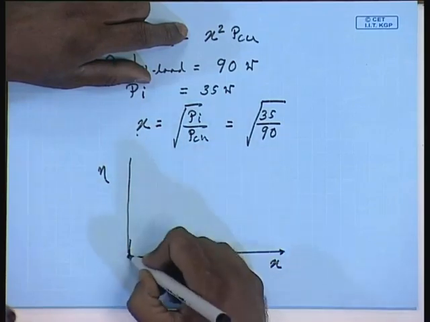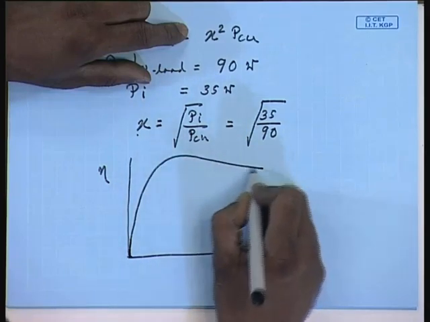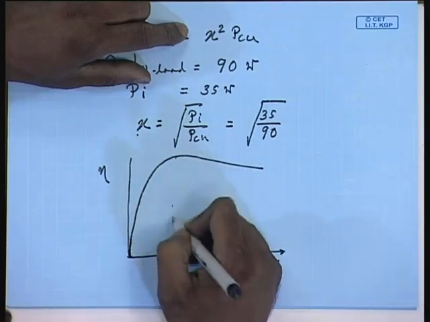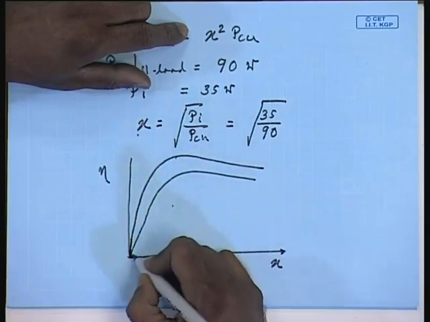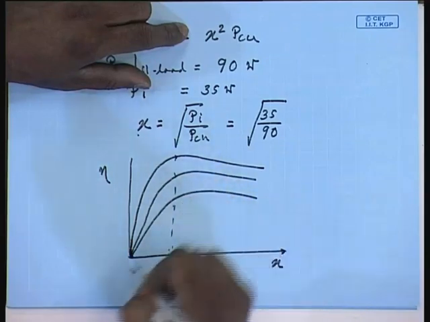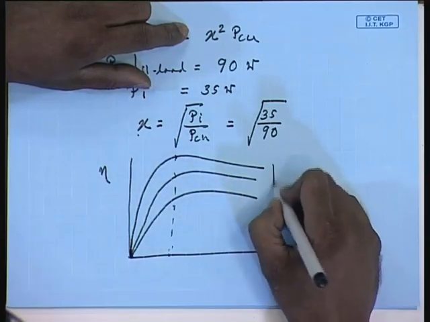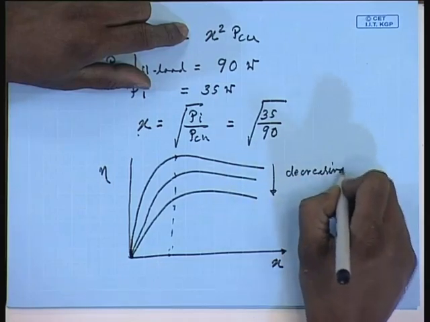At 0 it is 0, but at different power factors the efficiency curves will peak at the same point. So, these are for decreasing cos phi.